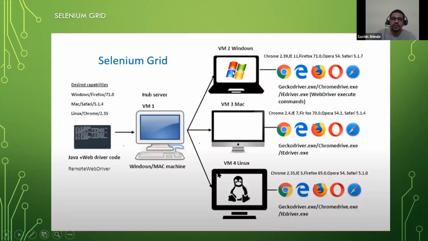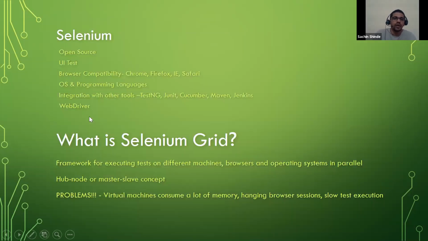Selenium Grid is a framework for executing tests on different machines. It will let you execute tests in parallel. So let's say you have 100 or 200 test cases, and it takes around 1 hour for them to execute on a machine. Then you can add one more machine and help reduce that time.